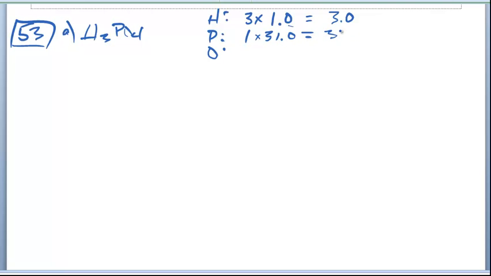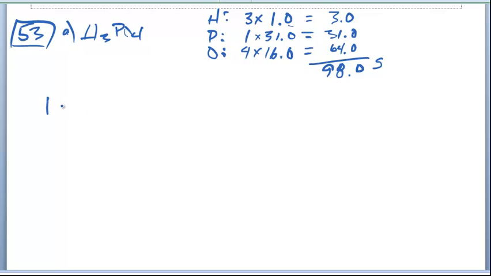We only have 1, so its total contribution is 31.0. Oxygen, we have 4 oxygens, and each oxygen is contributing 16.0, which is a total of 64. And when we add everything up, we get 98.0 grams.